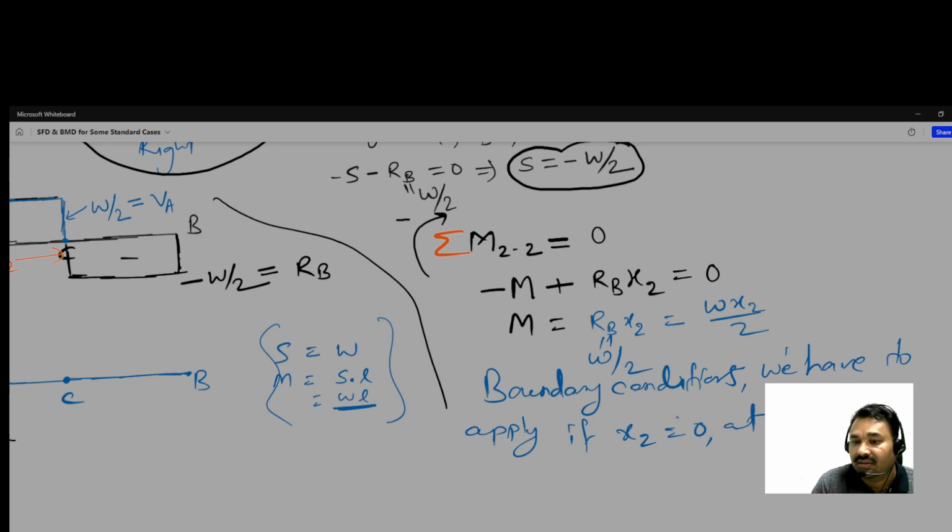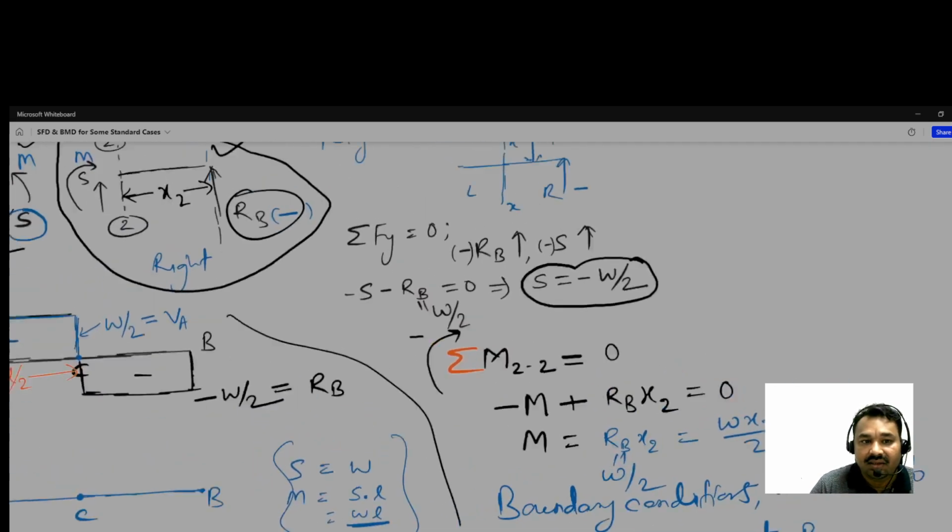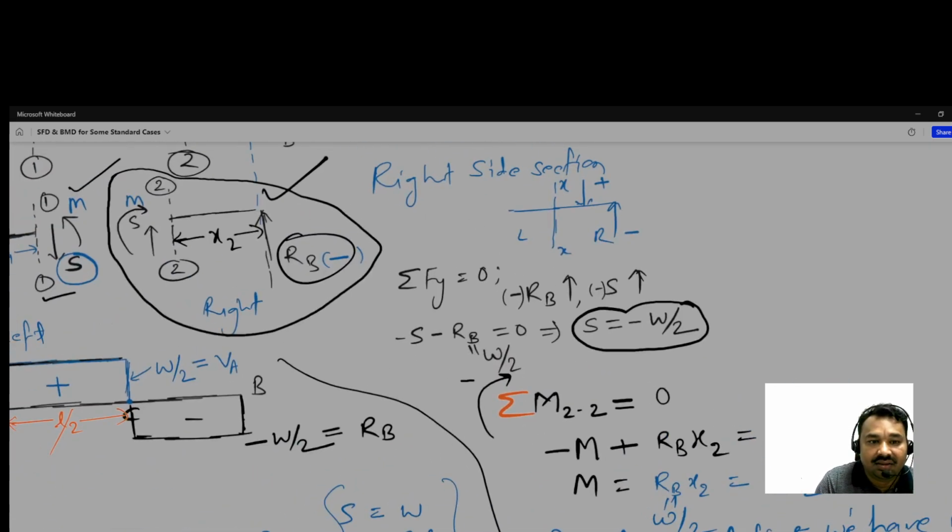At B we are talking. So MB is equal to, when x2 is equal to 0, then MB will be 0. And suppose if x2 is equal to L by 2, why? Because this is L, and from here to here it is L by 2.